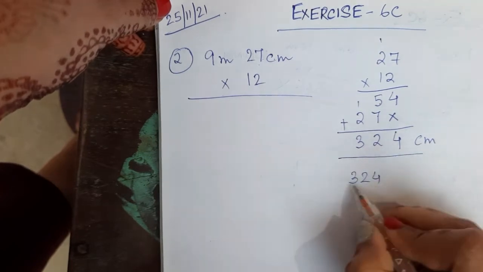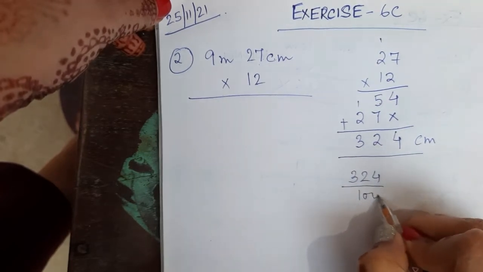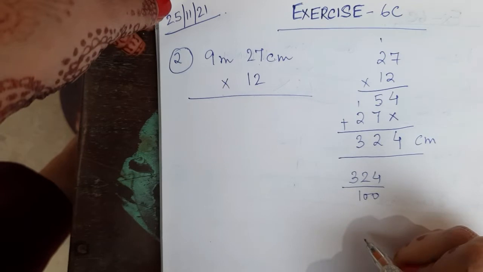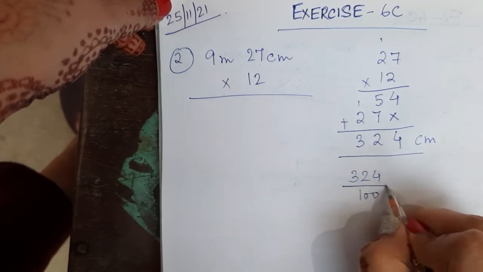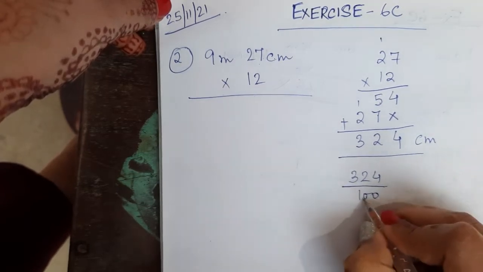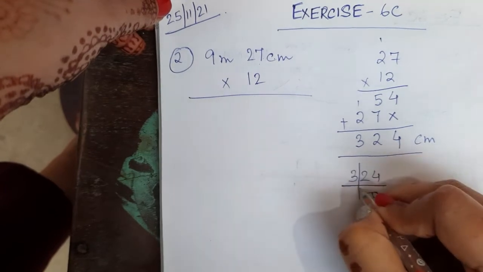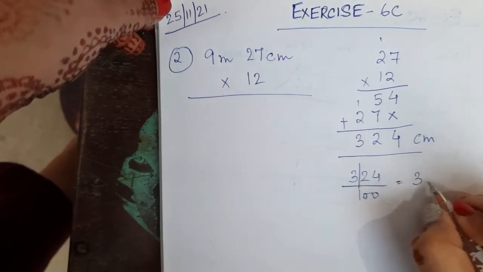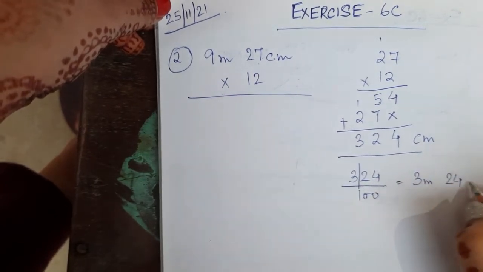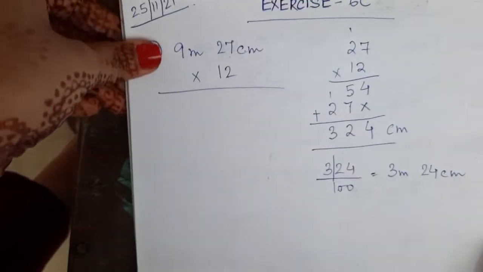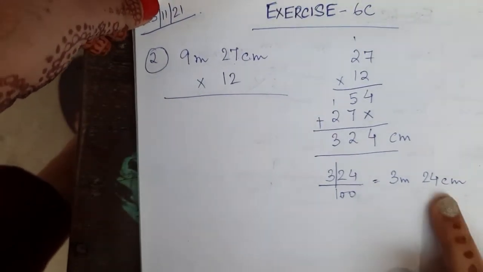Now tell me students, if I have to convert this 324 into meter, what are we going to do? Yes, we are going to divide it by 100. 2 zeros, skip 2 numbers, put a dash here. Equals 3 meter 24 centimeter.